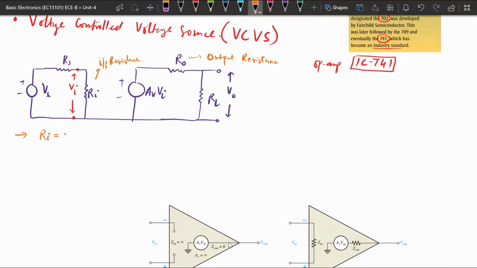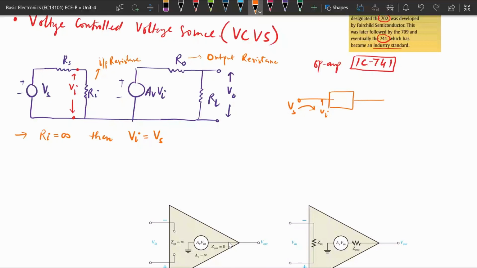If this is the case, then whatever input voltage Vs we apply will be equal to V input. So whatever input Vs we apply should appear as the input voltage. This input voltage depends on the internal input resistance R input. Whatever internal resistance this voltage amplifier has decides the input to this block. So this is the internal structure.